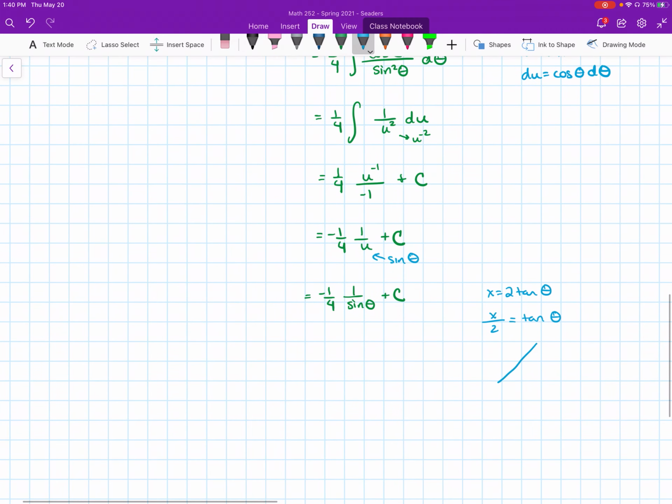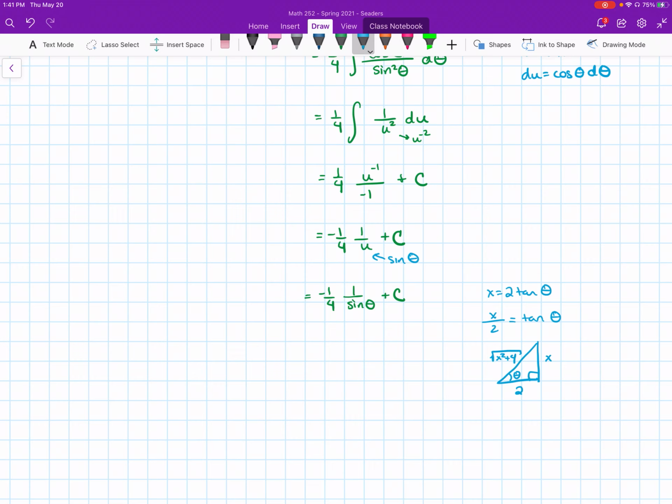which means I have a right triangle with an angle theta, and my opposite over my adjacent is equal to tangent, so that's x over 2. Meanwhile, my hypotenuse is going to be the square root of x squared plus 4 from the Pythagorean theorem, since I know two sides.